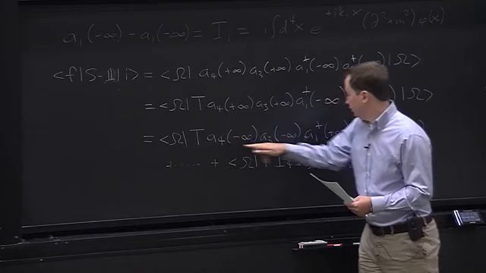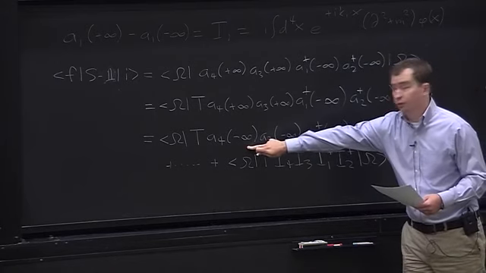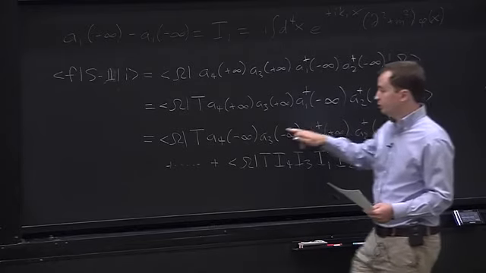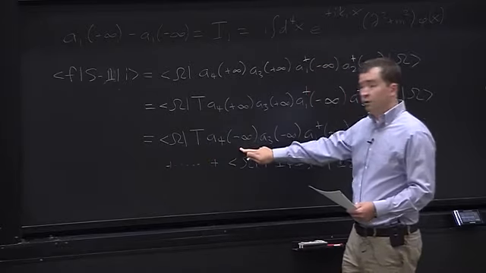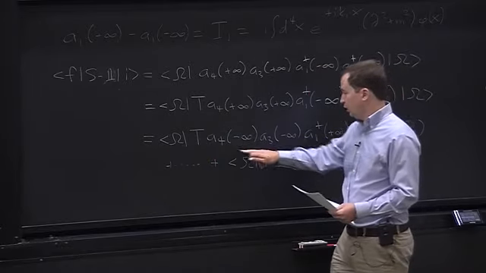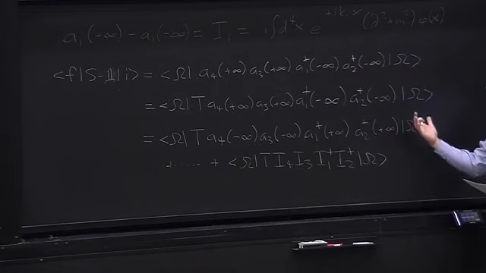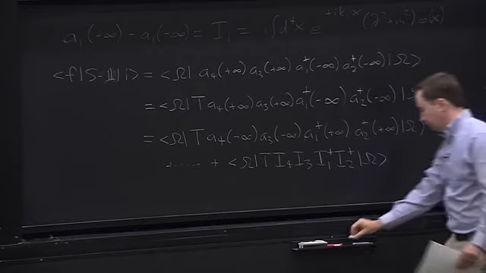If we time order this, the annihilation operators will move to the right, where they'll annihilate the vacuum, and the creation operators will move to the left, where they'll annihilate the bra vacuum. So this term is 0. After time ordering, we've got annihilation operators acting on the ket vacuum and creation operators acting on the bra vacuum. So this term is 0.